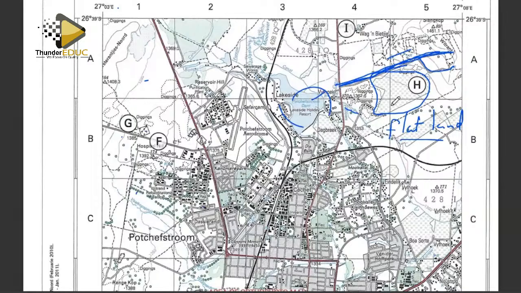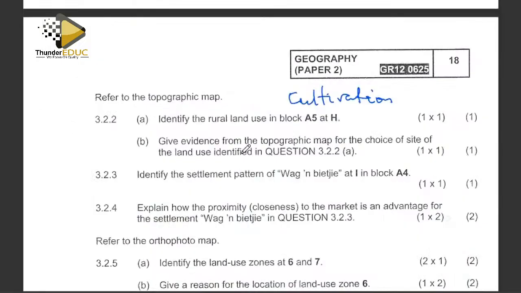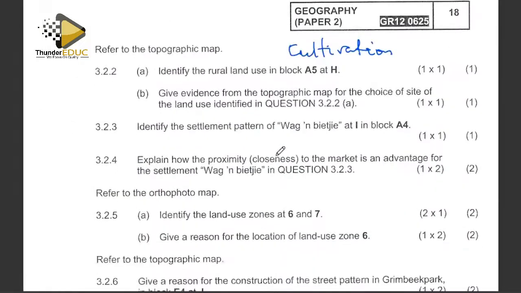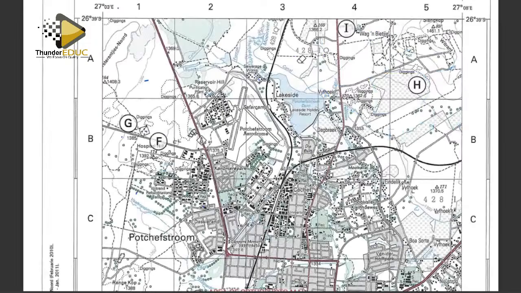Right. Moving on to the next question. The question is, identify the settlement pattern of Wagon Beach at I in block A4. This is the area. B4.